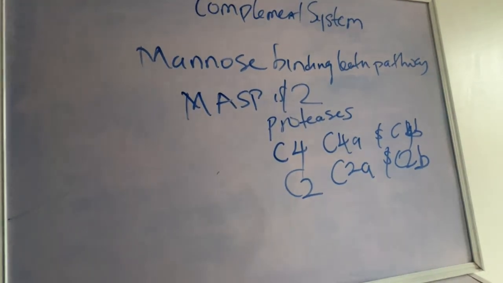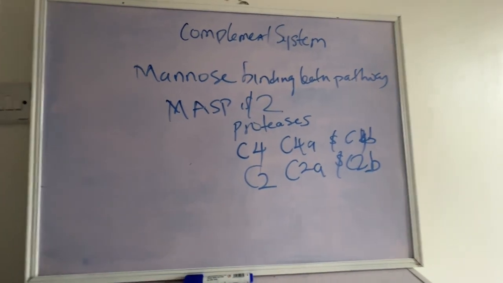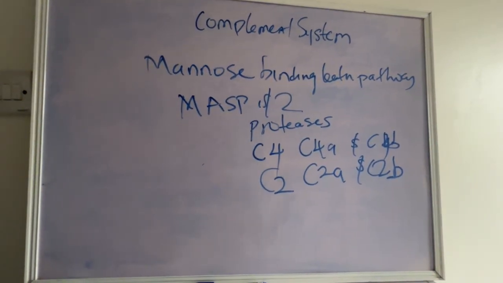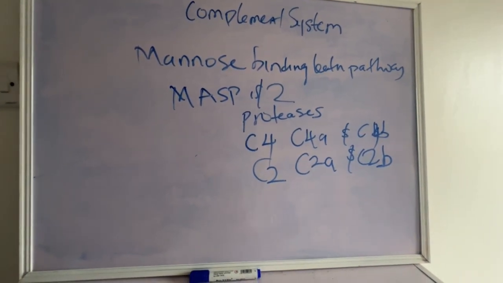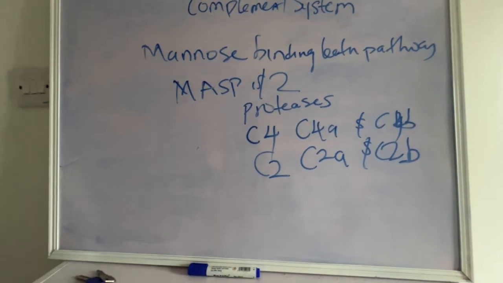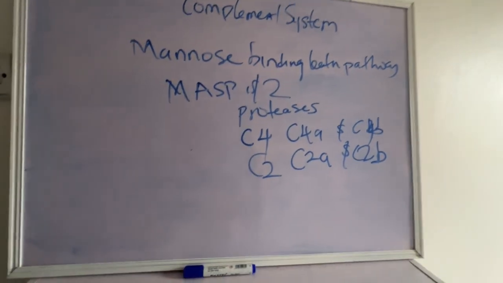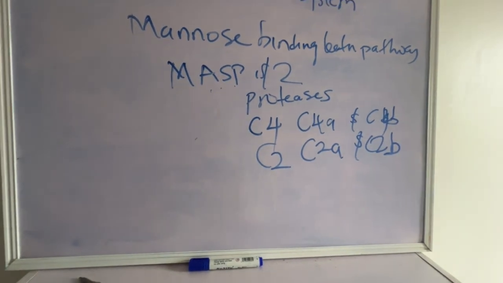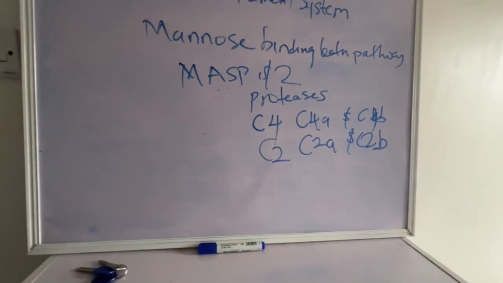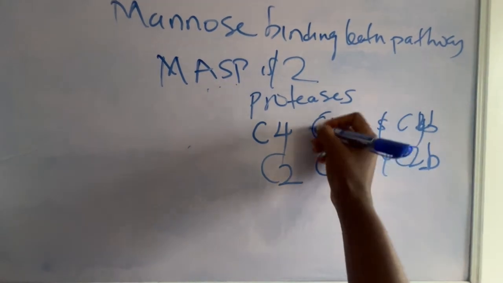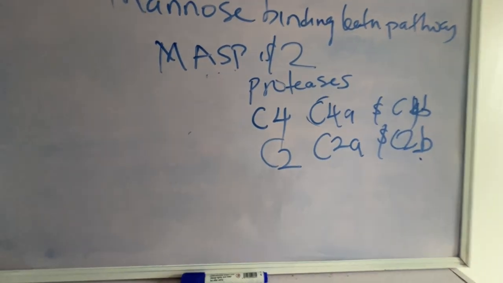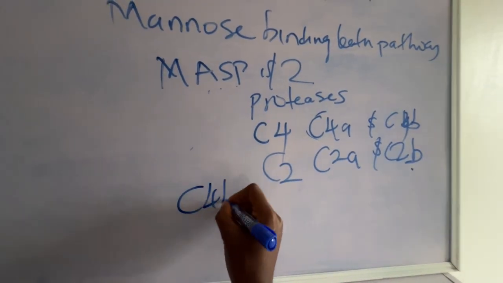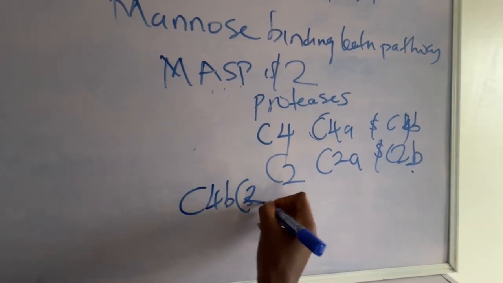Now, remember we have said that in the complement system, the larger fragment is B and the smaller fragment is A, with the exception of the C2 protein, in which the larger fragment is C2a and the smaller fragment is C2b. So after the MASP has cleaved C4 and C2 into A and B, the smaller fragments, the C4a and the C2b, diffuse out, while the C4b now becomes C4b and C2a.